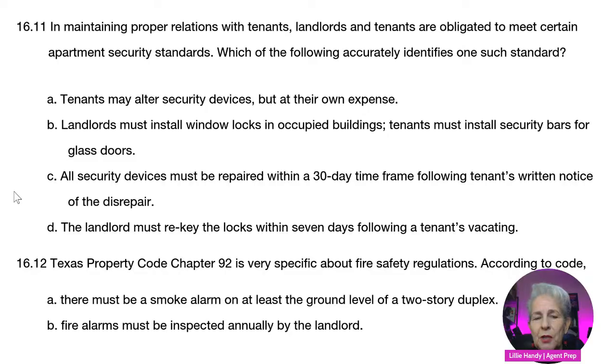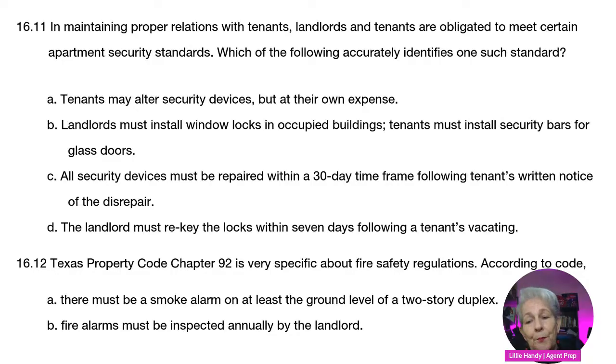C, all security devices must be repaired within a 30-day time frame following tenant's written notice of the disrepair. Or D, the landlord must rekey the locks within 7 days following a tenant's vacating.